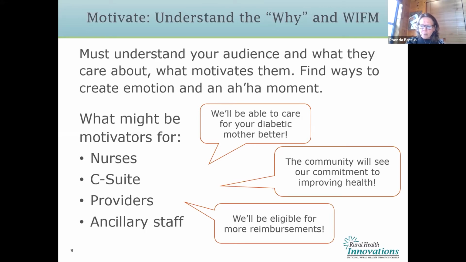And we need to think about what needs to be the messaging to really engage their brain, but also their hearts. So it's really important as we're thinking about reaching out to these different stakeholders that it's not one size fits all. We might have to really change our approach depending on who we're trying to engage. So again, you guys already started identifying some of those stakeholders that you're probably going to need to engage the most.